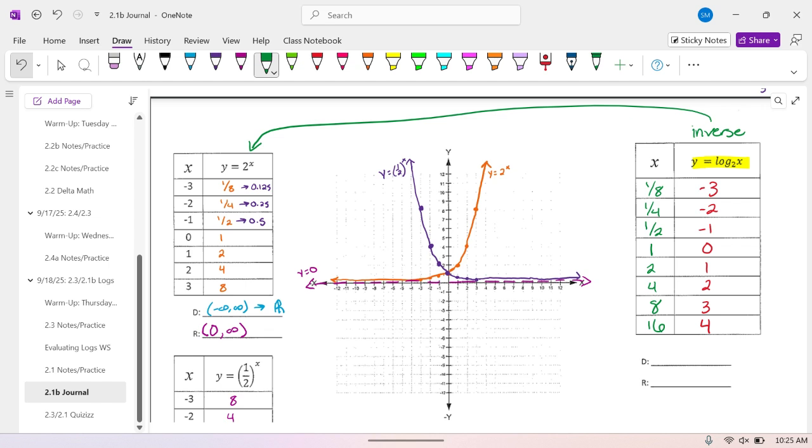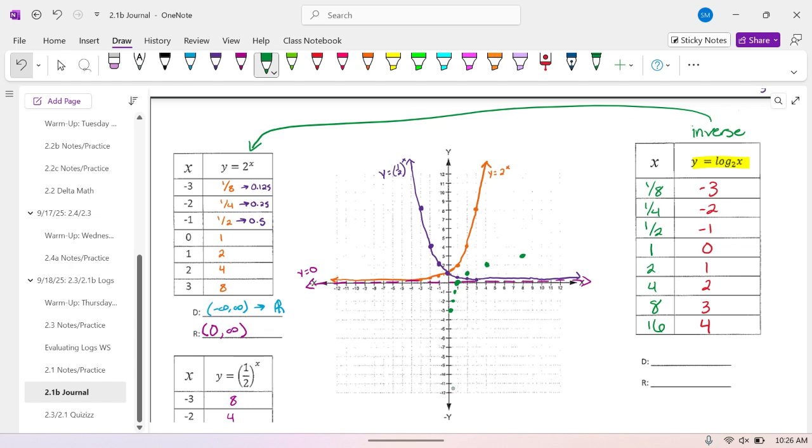So if I graph this, I have 1/8, -3, 1/4, -2, 1/2, -1, 1, 0, 2, 1, 4, 2, 8, 3, and we're not going to graph that last point, 16, 4, because it goes off the graph.